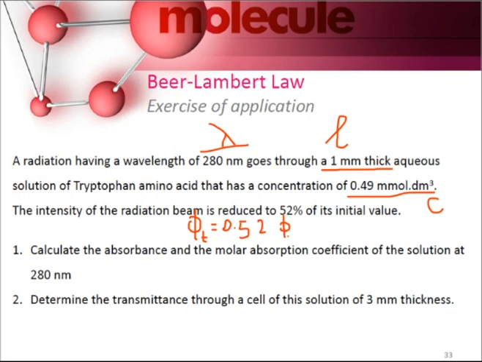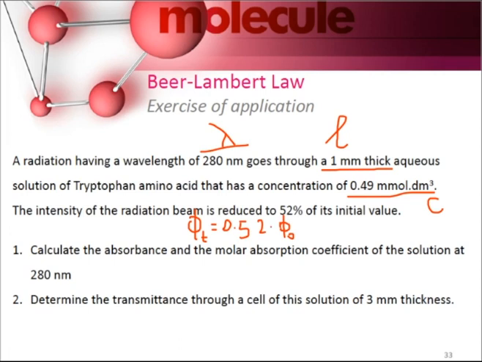This is what that means, right? So this expression reads exactly as the text. The intensity of the radiation beam is reduced, which means when it's transmitted, it is reduced to 52% of its initial value. So it's 0.52 of the initial value phi 0.